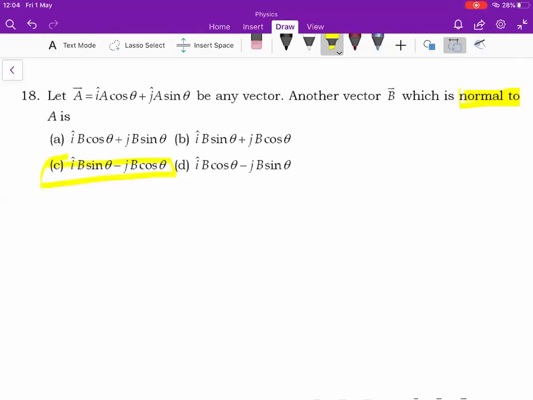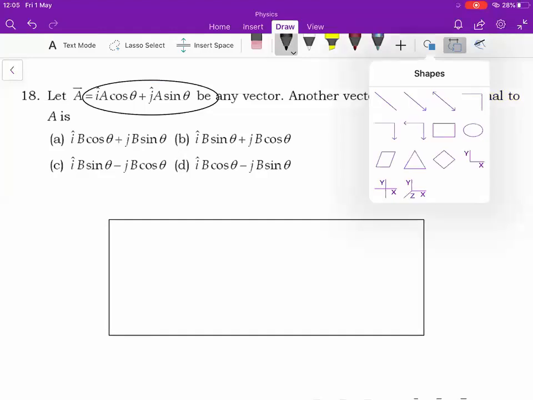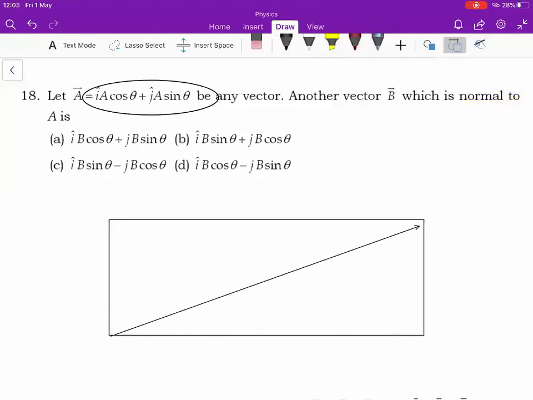So let me explain to you. There is one more way of attempting it. The way that he has explained is also perfectly right. But let us try to understand the significance of writing the vector in rectangular component format. Suppose this is your vector A. It has one component A cos theta and another component A sin theta.